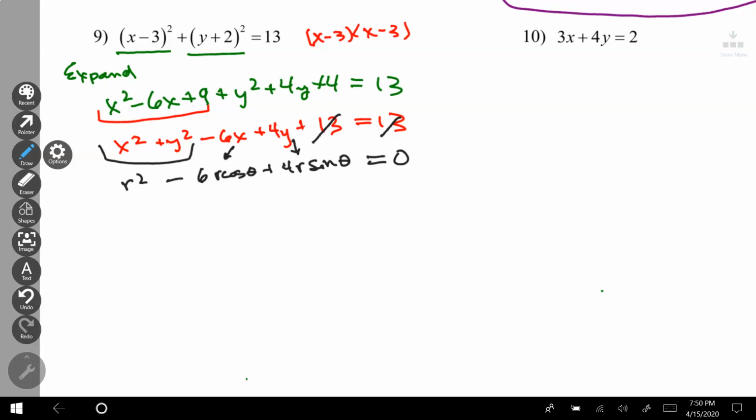We went from x's and y's, and now I'll have r's and thetas. I'm going to bring these two to the other side.